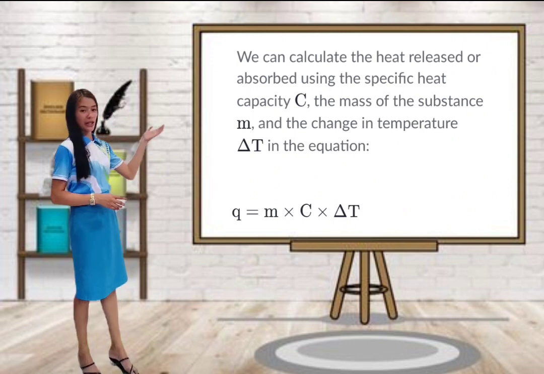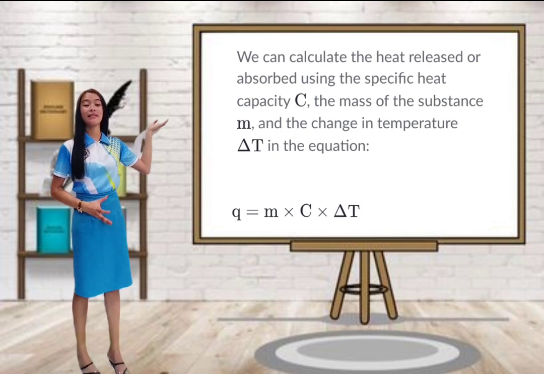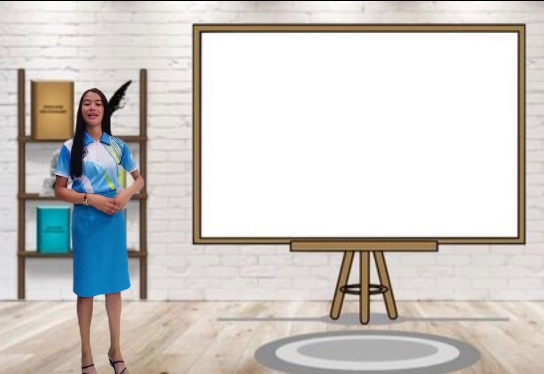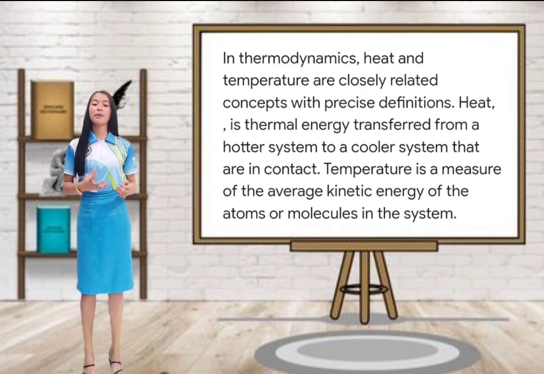See the equation: Q equals m times c times T, where T is the temperature change. In conclusion, in thermodynamics, heat and temperature are closely related concepts, but with precise definitions.